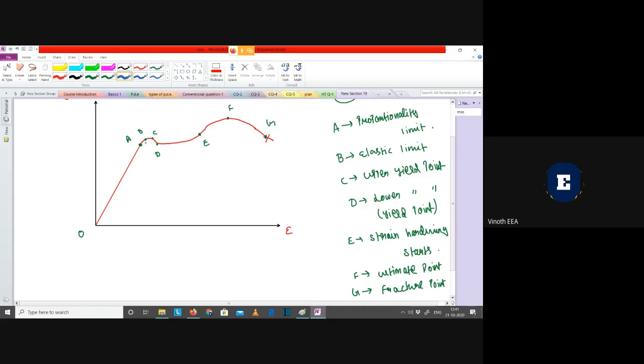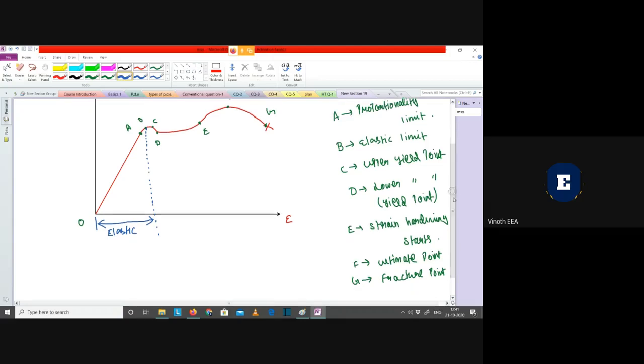Now let me divide this graph. Basically I can divide it into two. Exactly from the point B, this is the elastic region. Don't worry, I will try to give you the details of each and every thing, what is meant by elastic and all those things, except a few things.